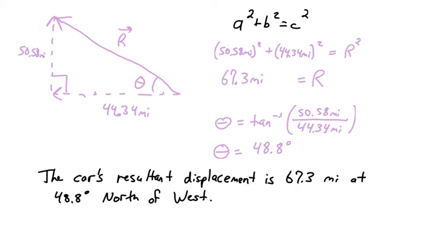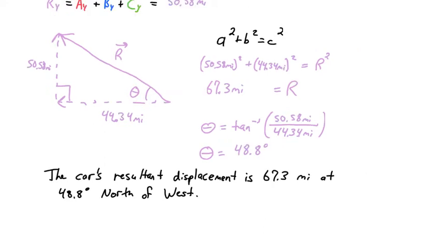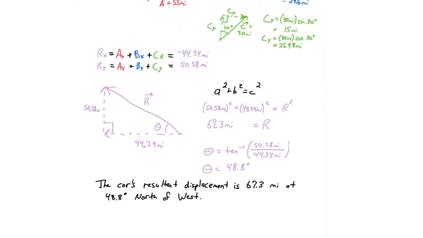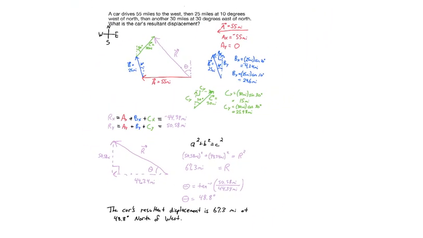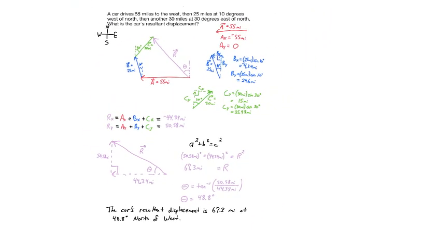Just to review the process, we started out by drawing the three vectors we were asked to add together. We had these three were our initial vectors, and I drew in the resultant vector as well. The next step after that was to find the x and y components for each one of those given vectors. We added all the x's together to get the overall x vector.